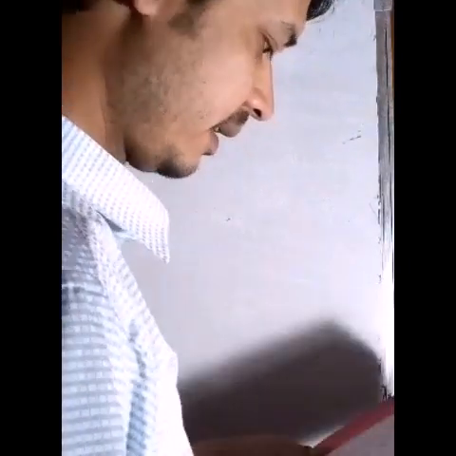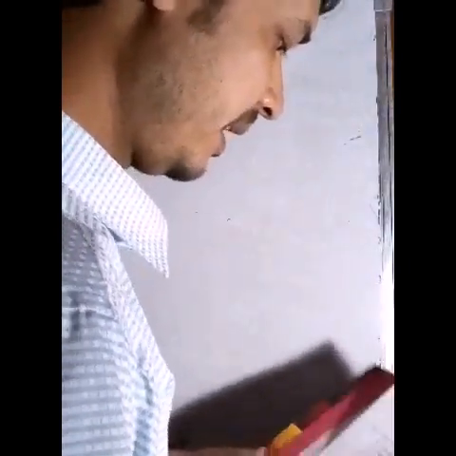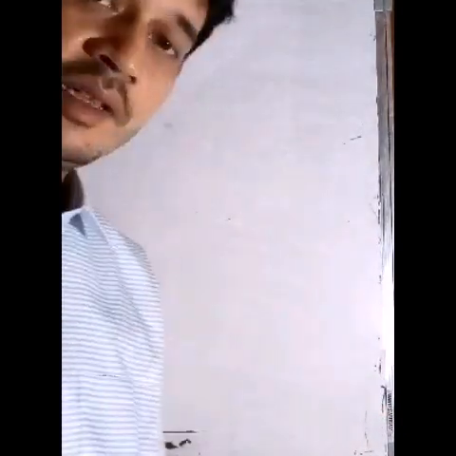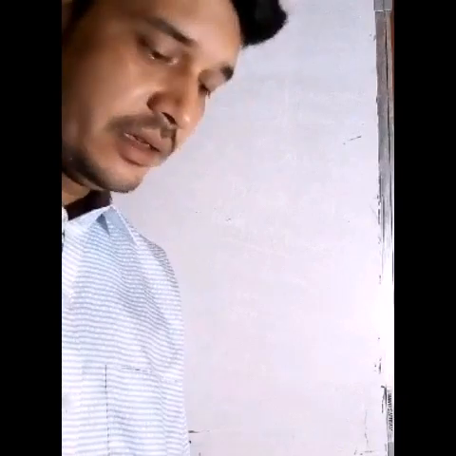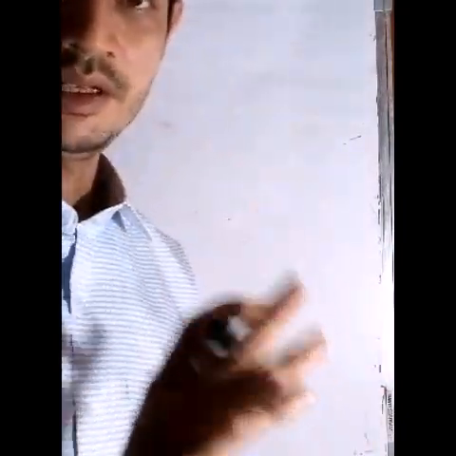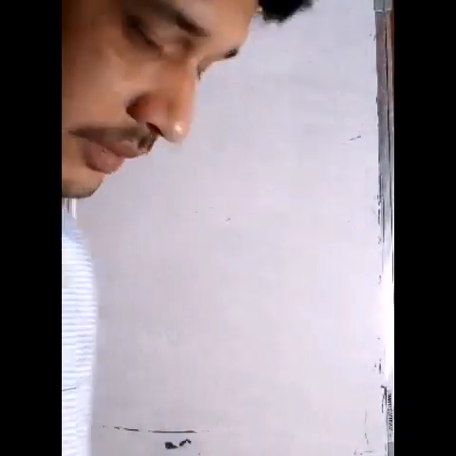Let's proceed to the next sum. Next sum is: if capital A, B, C are the angles of a triangle, then we have to find the value of a determinant. I am going to write the determinant on the board.